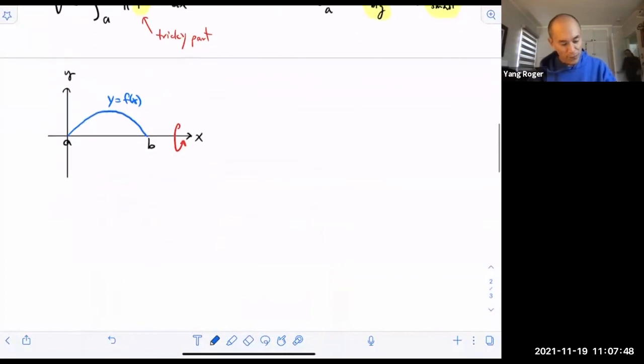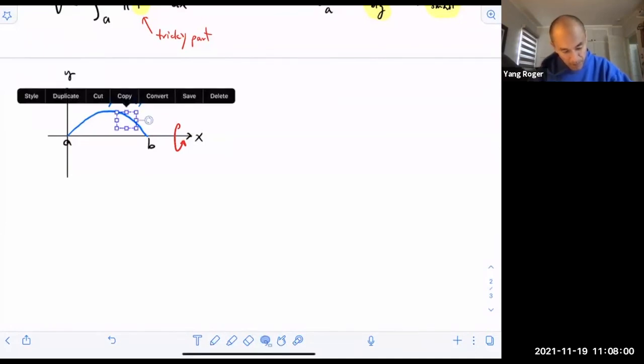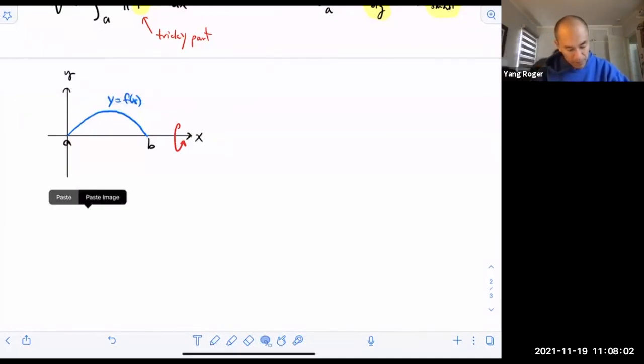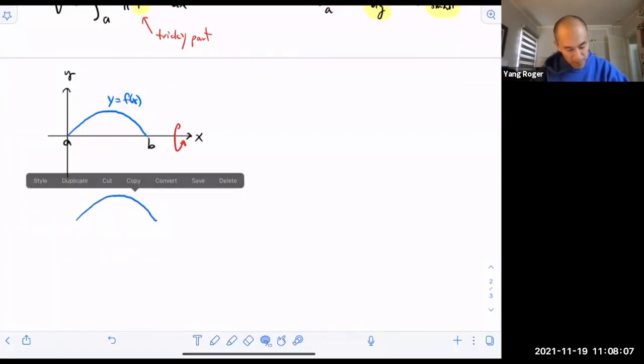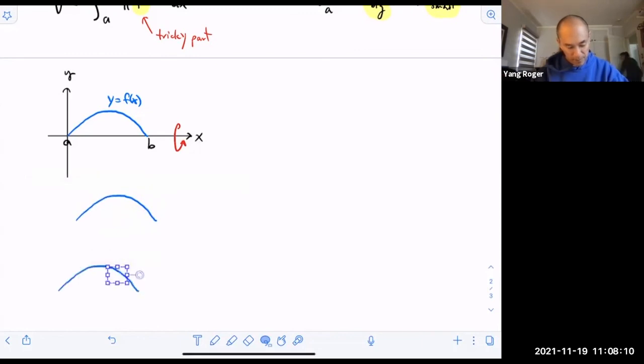So your 3D object kind of looks like this. Kind of like that.